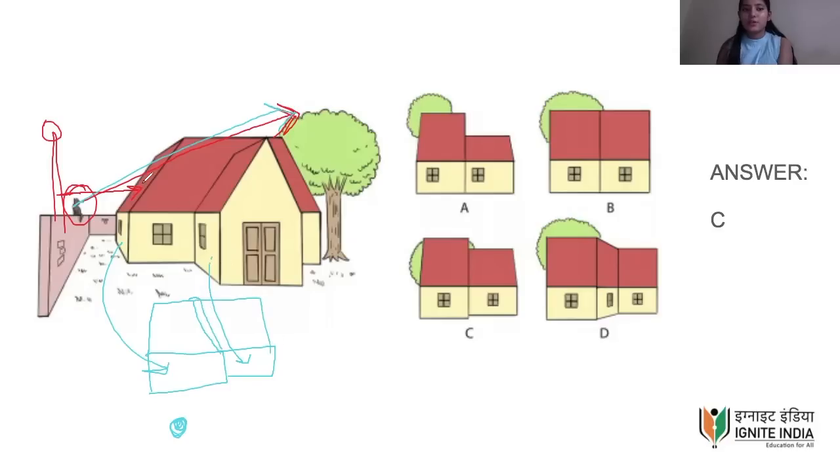There are these two things that she's seeing, and then there's the tree. So C is the correct answer, because she'll be able to see the tree from here, but this top part I don't think she'll be able to see, because the height of the cat is really low, so the point of view of the cat won't let her see so far up.